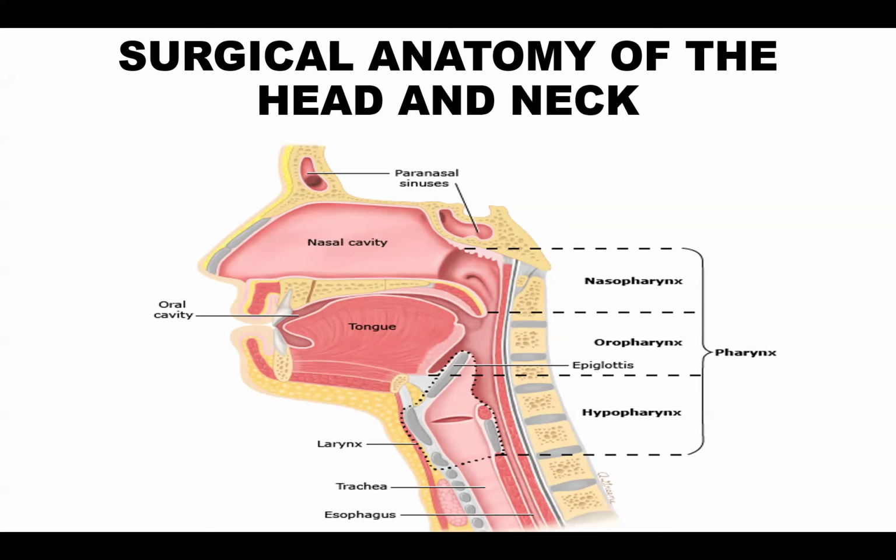You can see the larynx and the other structures, esophagus. Now, benign lesions or tumors can be found in any of all these anatomical sites: in the sinuses, in the nasal cavity, oral cavity, tongue, larynx, and the neck. In fact, a lot of neck swellings. As we progress, we'll look at so many differentials.